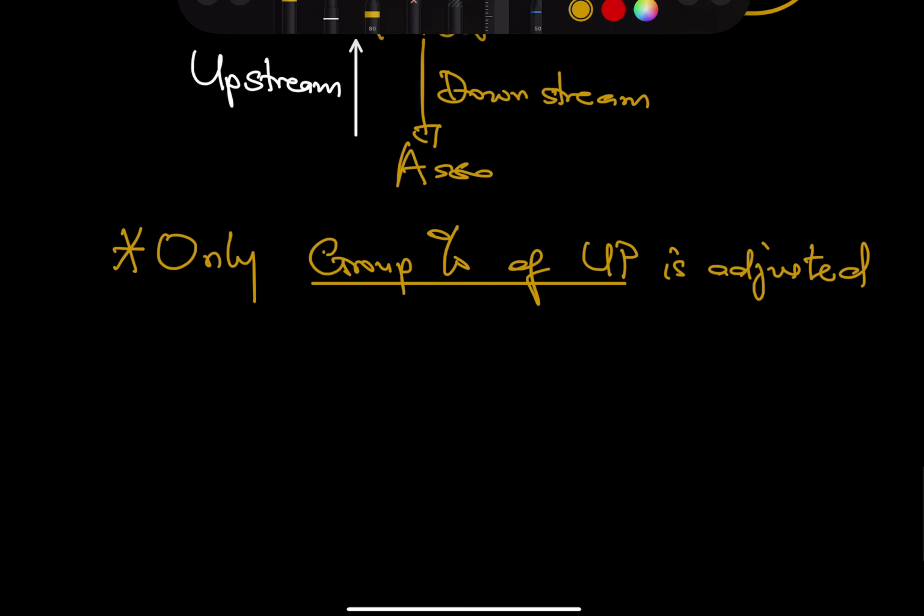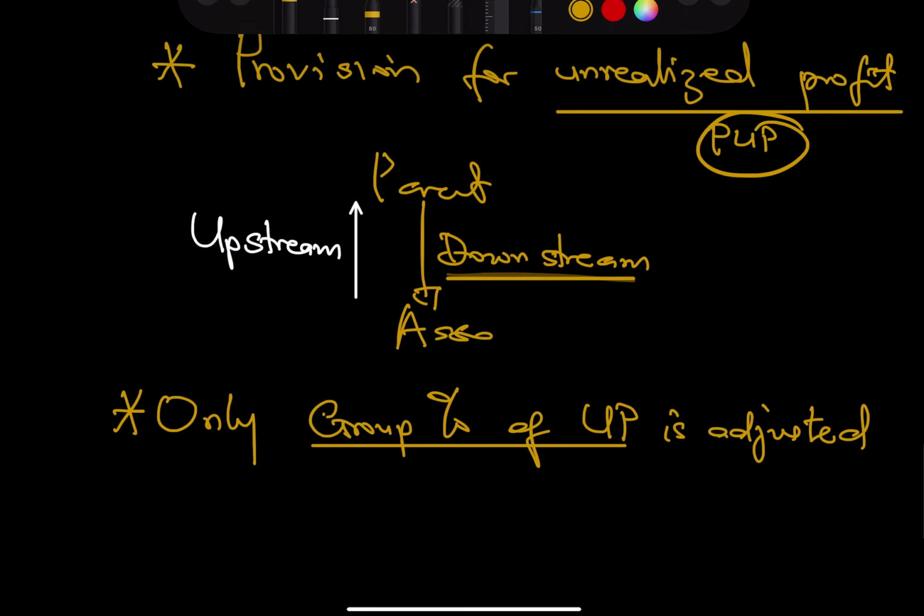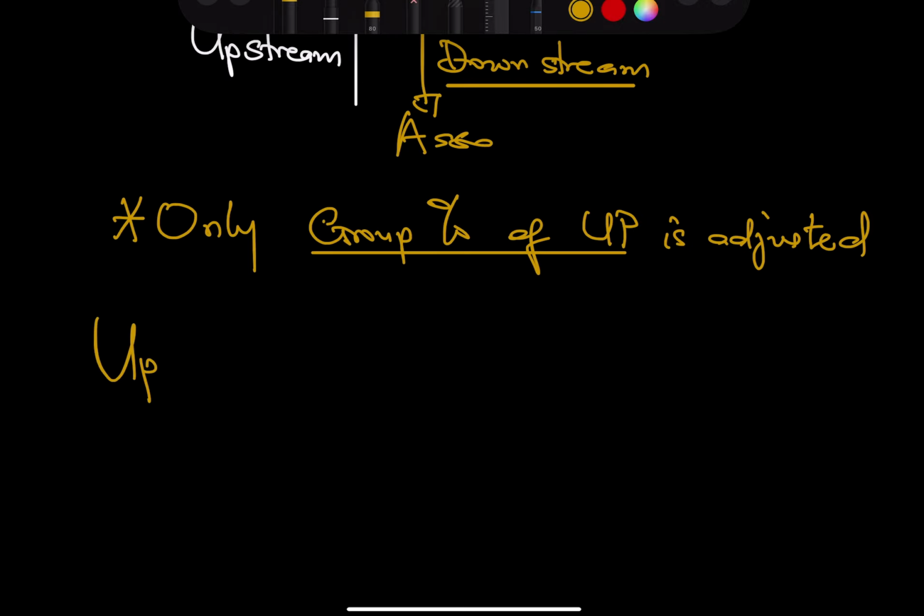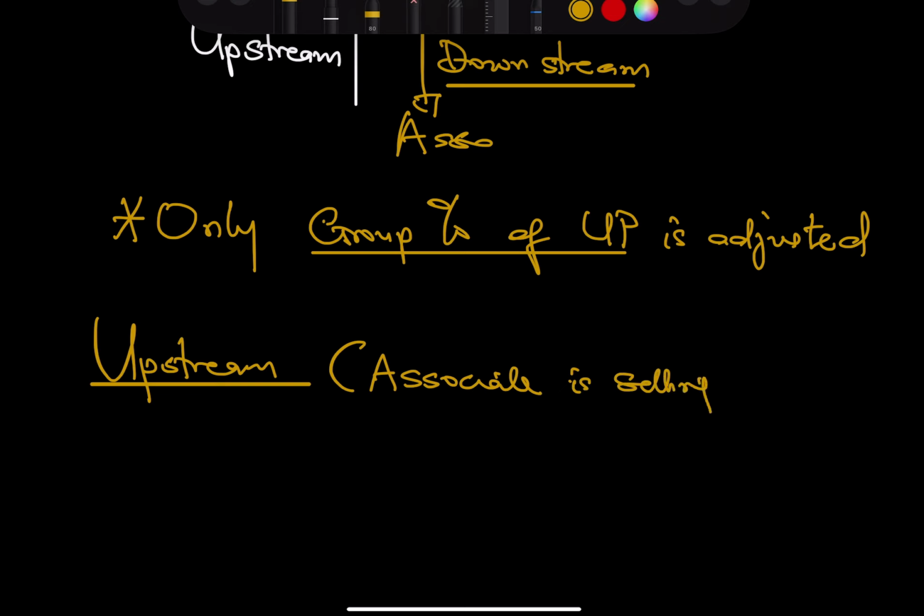Now let's look at the adjustment. Let's look at upstream first. So upstream means the associate is selling to the parent. Like I said, it's totally different from subsidiary, but I will give you a clue that will help you for both upstream and downstream, to know where to make your adjustment.